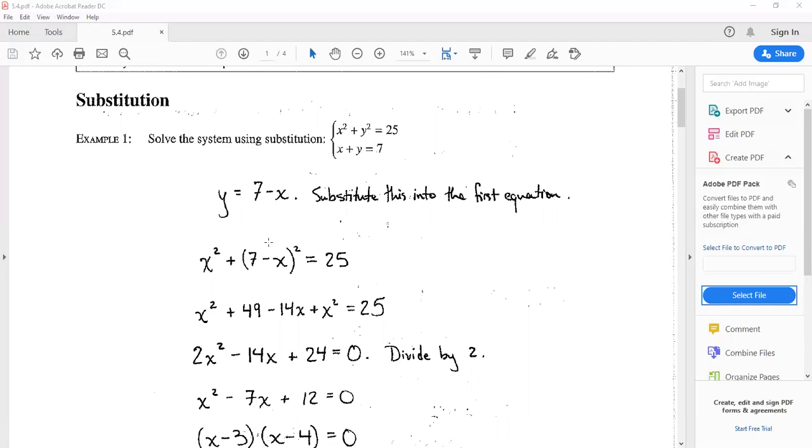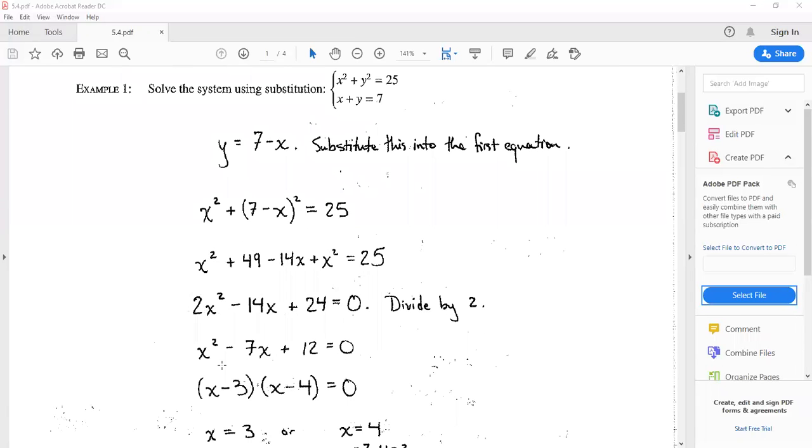And if we multiply everything out, we get x squared plus 49 minus 14x plus x squared equals 25. If I gather up my like terms on the left side, I have 2x squared minus 14x, and then if I subtract 25 from both sides, I get plus 24 on the left, and that equals 0. Now each of these three coefficients is divisible by 2, so I'll divide the whole equation by 2, and I'm left with x squared minus 7x plus 12 equals 0.